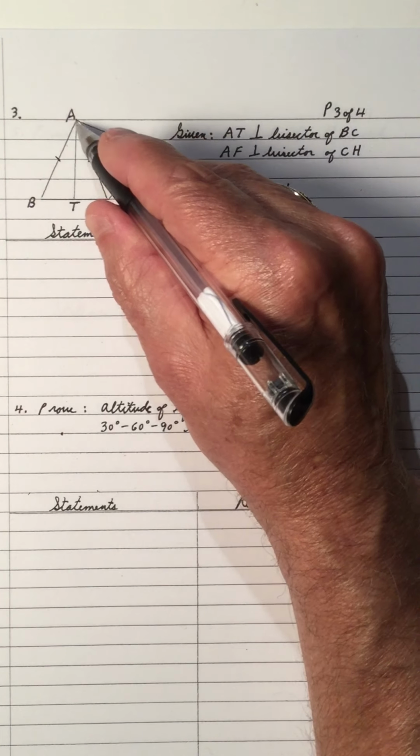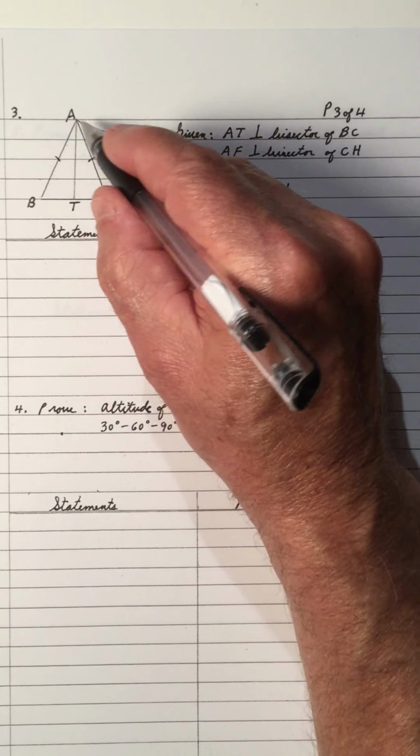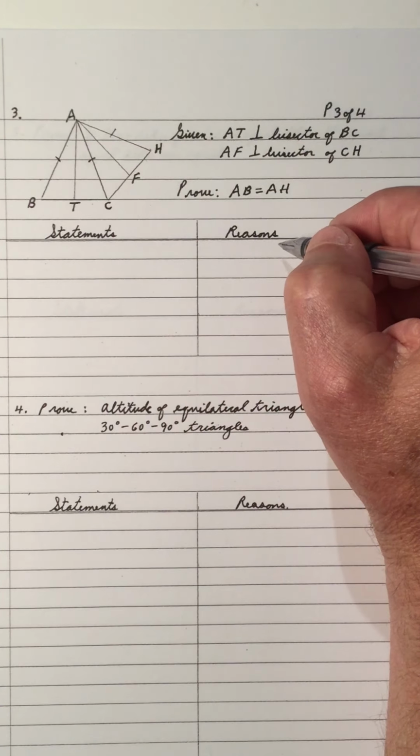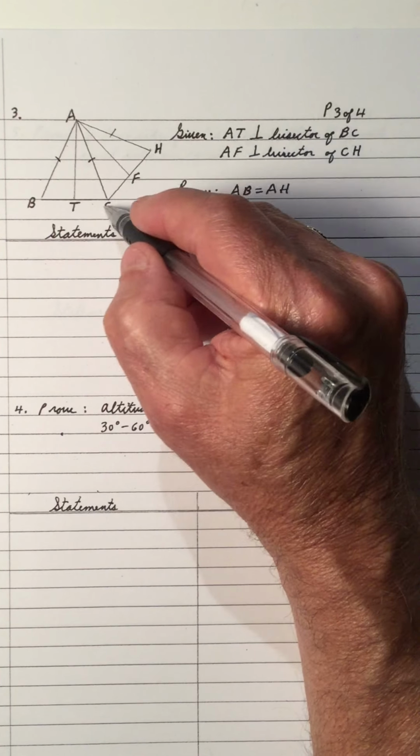And also we have AF is the perpendicular bisector of CH, so that means that AC equals AH for the same reason. Any point that's on the perpendicular bisector is equal distance from the endpoints of the segment.